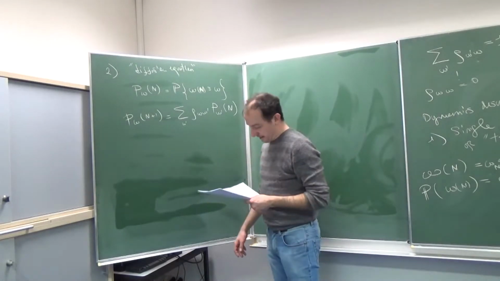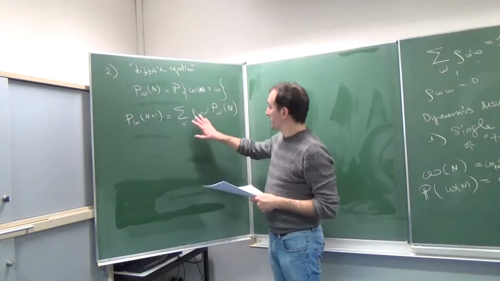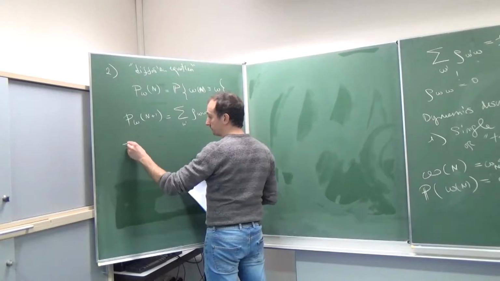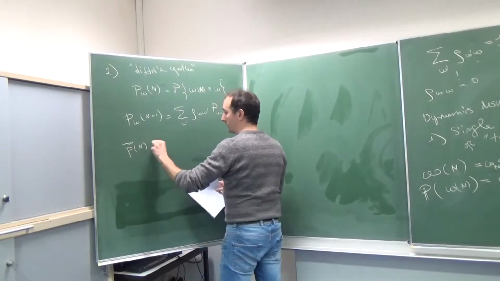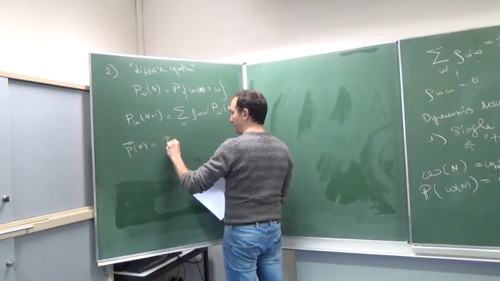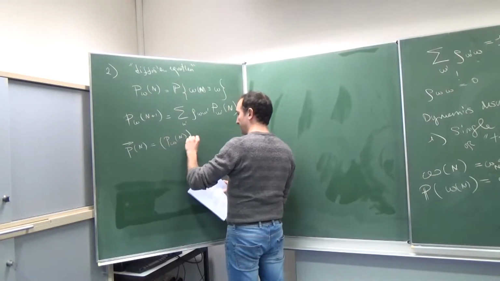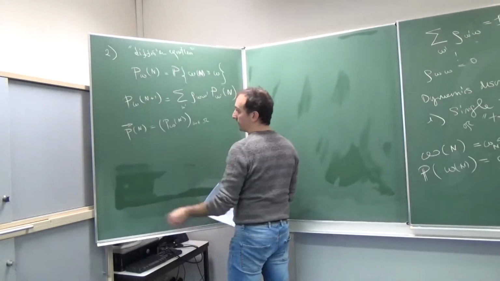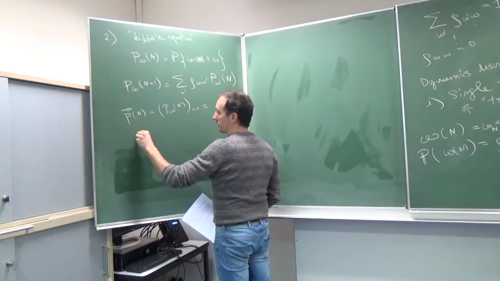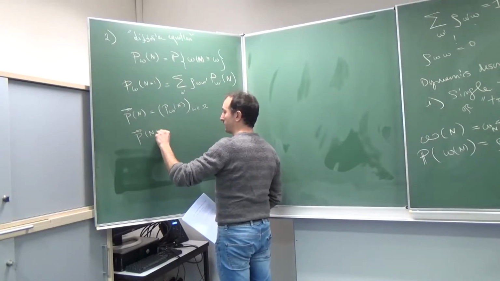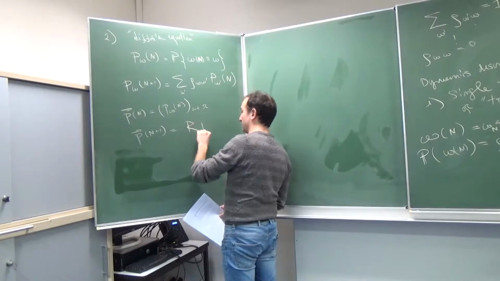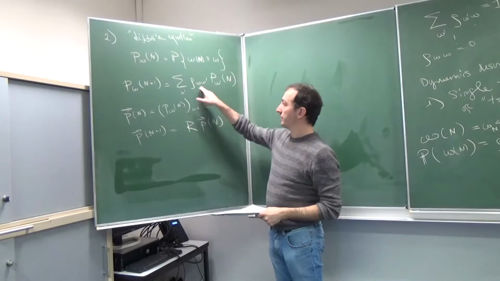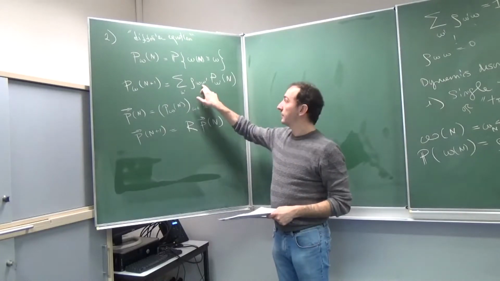Notice that this is a linear equation, so we can introduce the vector P n as just P omega n for omega in omega, and then we can write this equation as where R is the transition matrix containing as elements the rates.